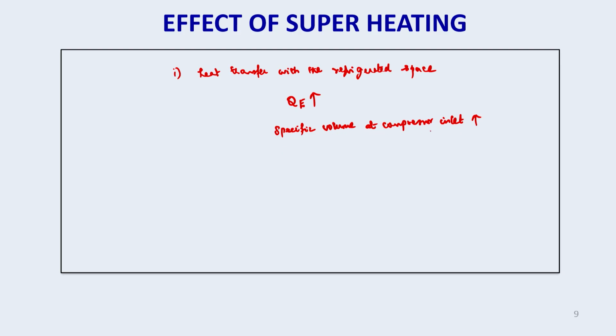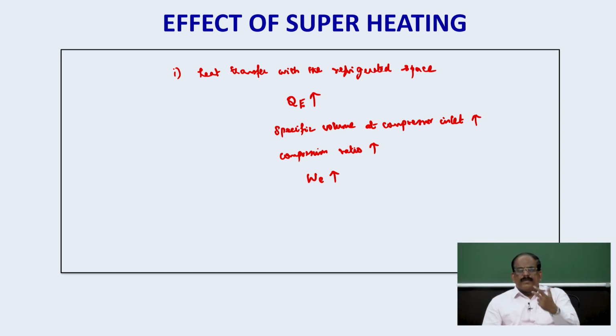So when the specific volume at the compressor inlet increases, the compression ratio will increase, and the work of compression also will increase. However, if the increase in the work of compression is less than the increase in the refrigerating effect, the COP of the system will increase.